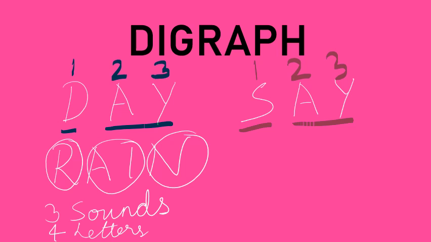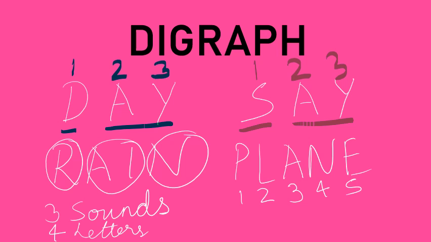Let's take some more examples. P, L, A, I, N. Plain. Again, five letters.